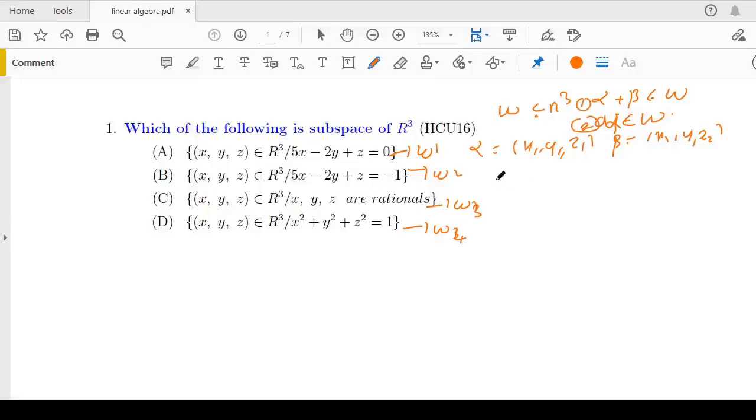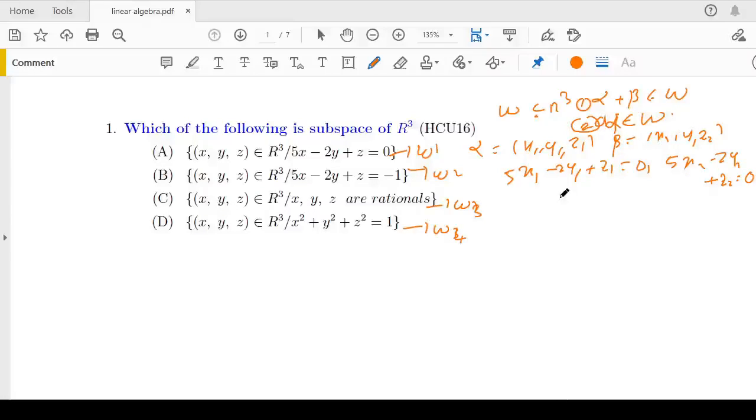Therefore, alpha belongs to W implies that 5x1 minus 2y1 plus z1 equals 0, and similarly 5x2 minus 2y2 plus z2 is also equal to 0.